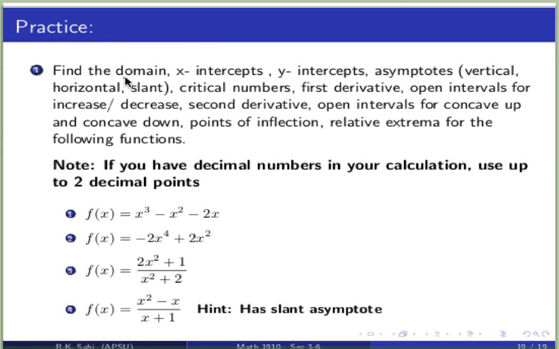In other words, I want you to find the domain, x and y intercepts, the asymptotes, the critical numbers, the first derivative, open intervals of increase and decrease, the second derivative, the open intervals for concave up and down, points of inflection, and relative extrema. I've given all possible kinds of scenarios: a cubic function, a polynomial of degree 4, a rational function, and the last function has a slant asymptote. So please practice them. Thank you.